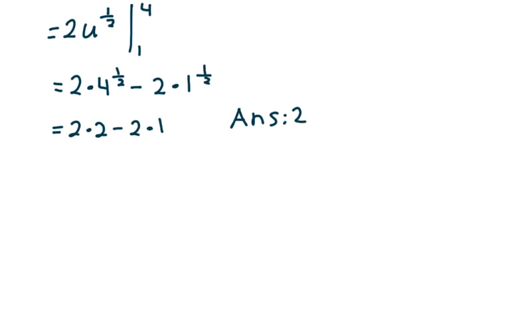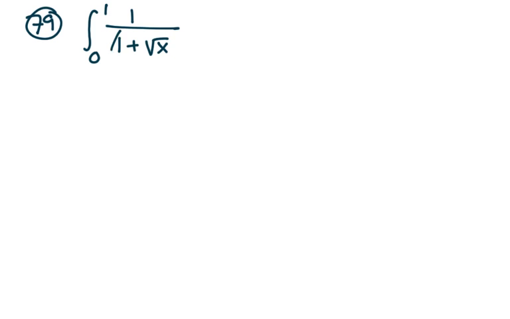So let's take a look at problem number 79 to conclude this video. So on problem 79, we have the integral from 0 to 1 of 1 over 1 plus the square root of x raised to the 4th power dx. And so this one is a classic one in the sense that I'm going to let u be the square root of x.